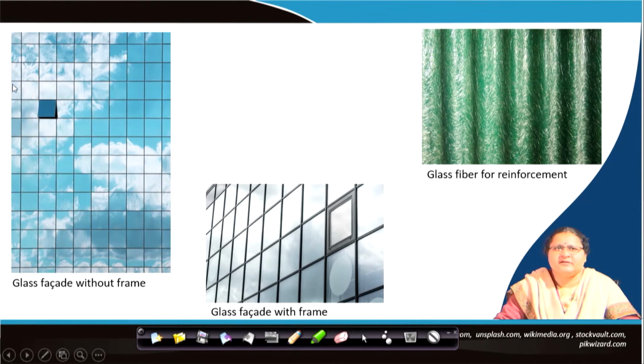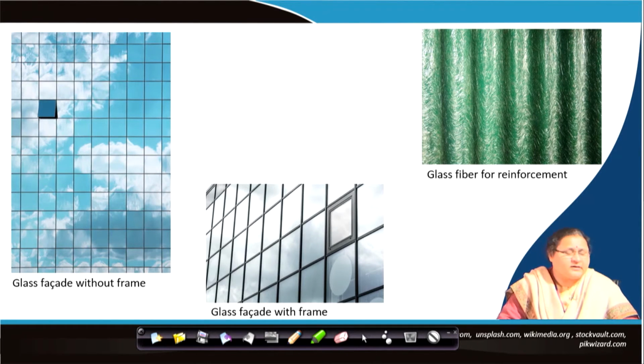Here, you do not see the frame. You can see glass fiber as reinforcement in some corrugated item. These fine strands which you can see inside it are all glass fibers. So, these have strengthened this corrugated surface. It may be in plastic, where you get glass fiber reinforced plastic.